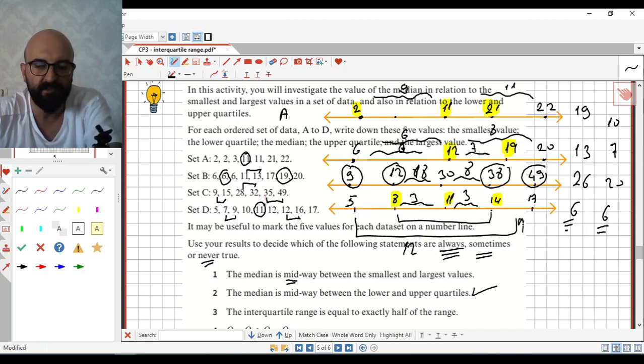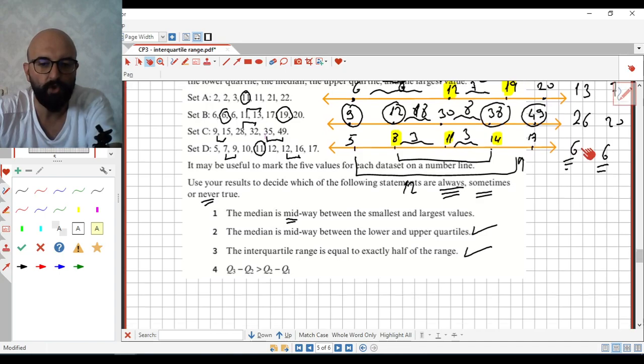So we can say sometimes true for the third statement.